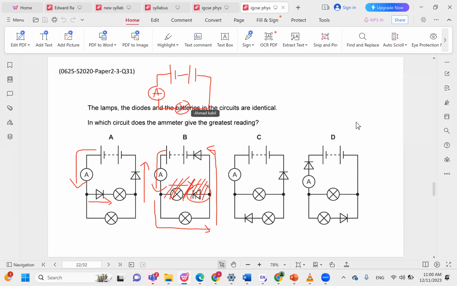This is choice B. If you want to redraw choice A as well, we can. It's going to look like this. Without the diodes, it's going to look just like this.